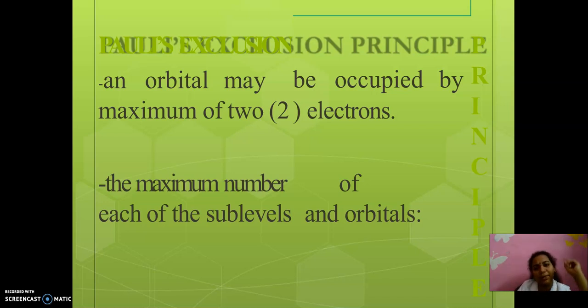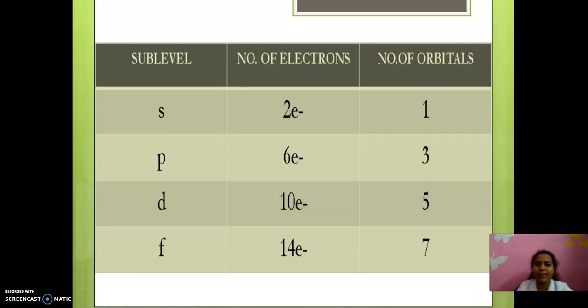In an orbital, we can accommodate only 2 electrons. And the sublevels are given, with the number of electrons in each sublevel. You can see here S2, P6, D10.